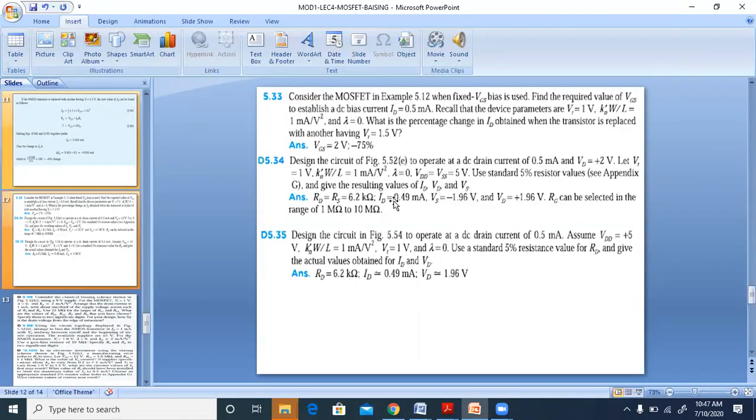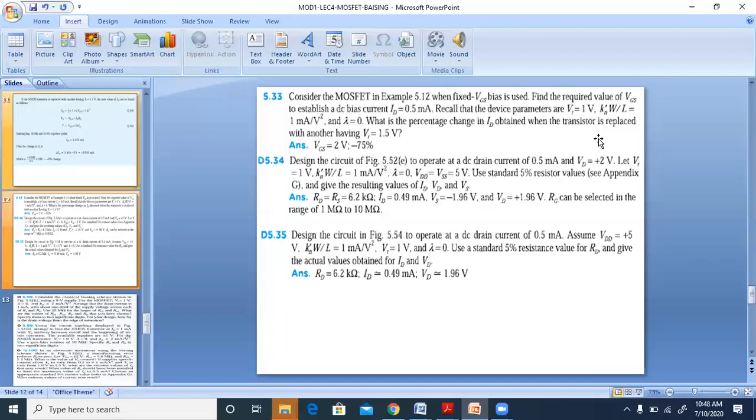The way to find it would be, I think we should see that VD also will change. So both ID and VD will change, we should assume. So we'll have two equations at that time, and you need to solve them. One equation is VD equal to VDD minus IDRD, where both VD as well as ID are unknowns.